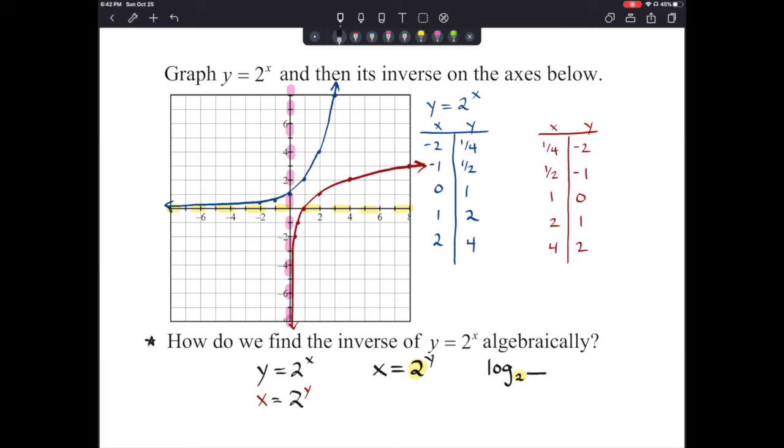If I treat it like it's a template, log base 2 of blank equals blank. Remember our exponent ends up being the part of it that we're isolating. So we want our log statement to equal our original point here, which would be our y as the output. And then we've got our value of x, which was our original output, as part of our statement.